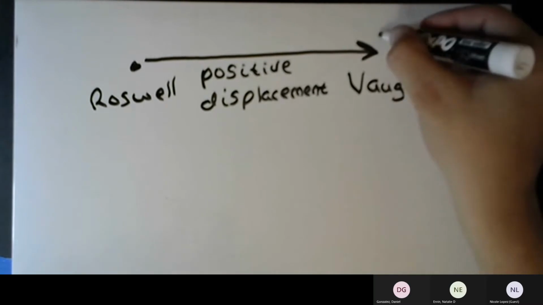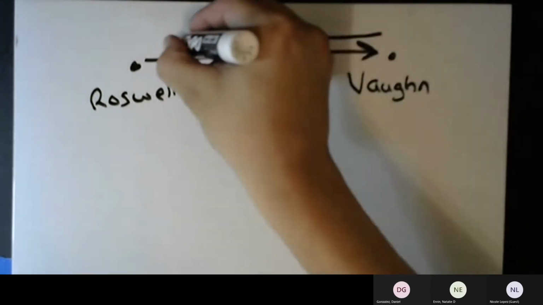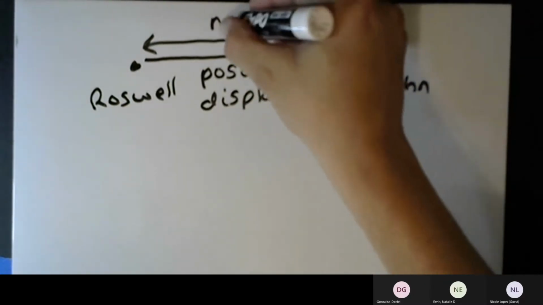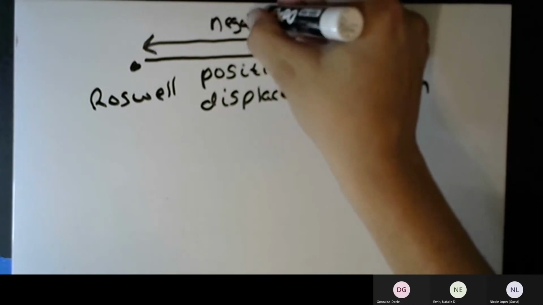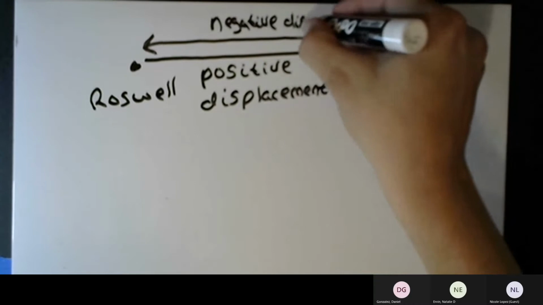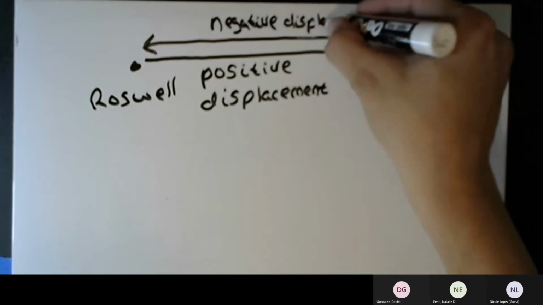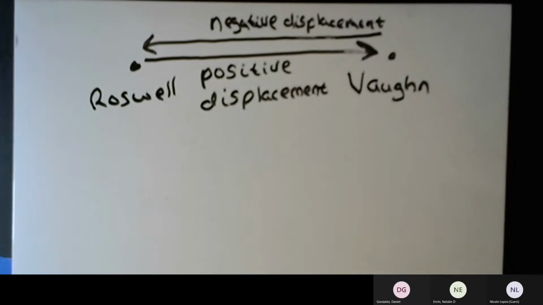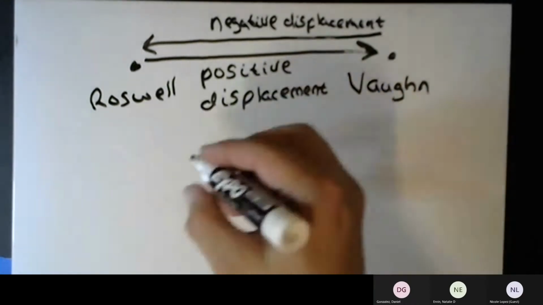But then if we go from Vaughn to Roswell, we're going backwards. So this we might call a negative displacement. So what does that do for our velocity? Well, in this case, we could get a negative velocity.